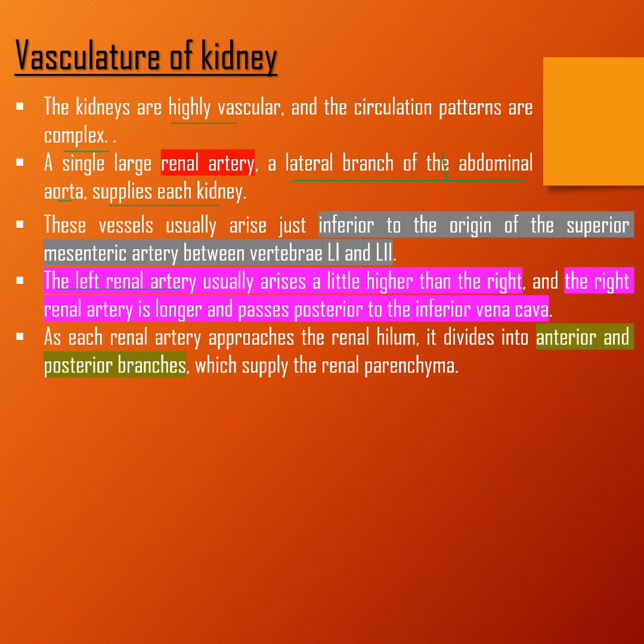As each renal artery approaches the renal hilum, it divides into anterior and posterior branches, which supply the renal parenchyma.